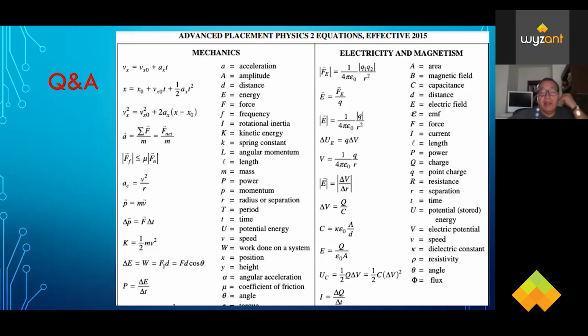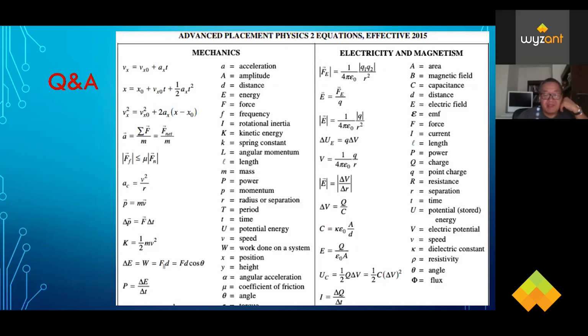So I think the most important thing is to review the formulas for the AP Physics, okay? Understand each formula, when you can use them, and then do the practice problems, okay?